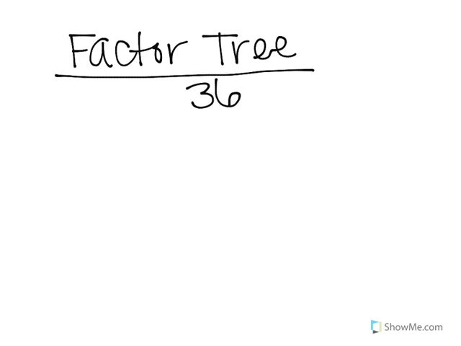So let's work on a factor tree. Factor trees are when you just break apart the number into multiplication facts. So 36 I can break apart into 9 times 4. 9 I could break apart into 3 times 3.